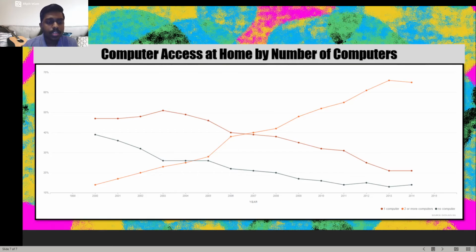So for this graph, it has been increasing rapidly, in a more linear fashion. The only decrease in this orange graph is from 2013 to 2014, which is around 1%.